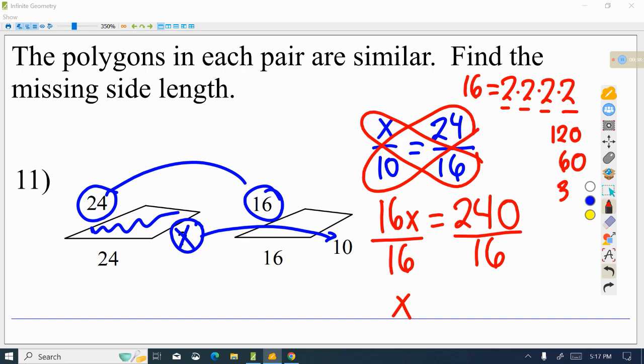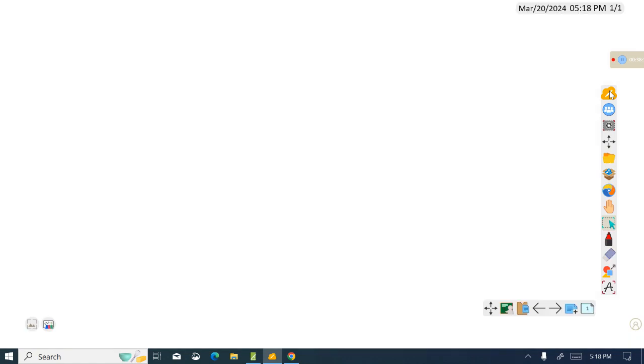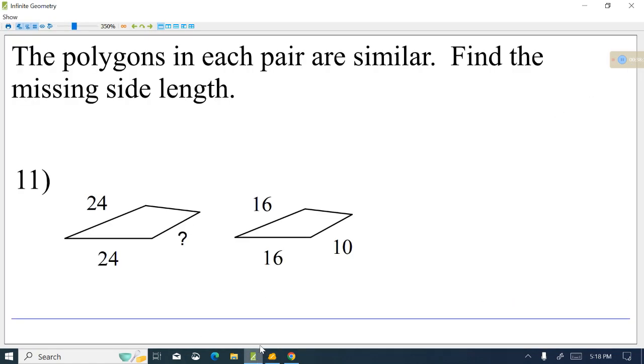Half of 60 is 30. We cut it in half 3 times. So the last time that we cut it in half, the 4th time, I get 15. Okay, so like I said, you don't always have to reach for a calculator, but you should be able to get 15. Okay, so that's number 11. So cross multiplication is the way forward in the rest of these problems also.